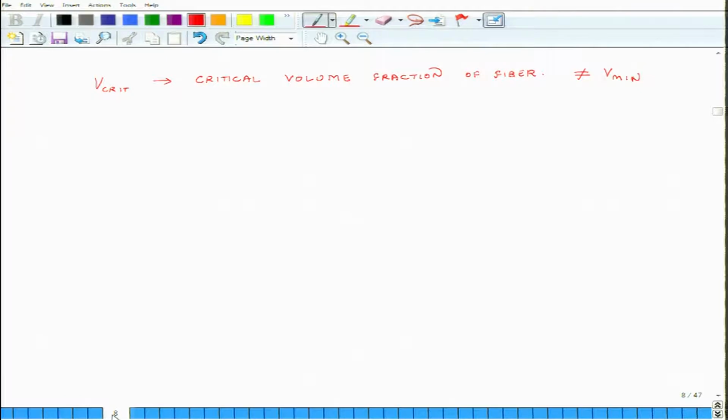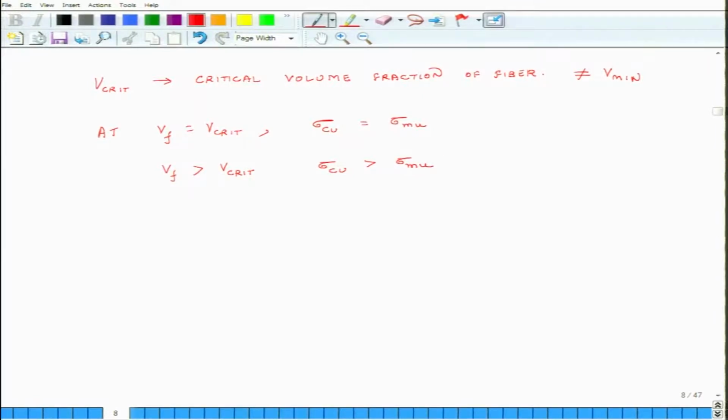So, at Vf equal to V crit, which is the critical volume fraction, the strength of the composite equals the strength of the matrix, and if Vf exceeds this critical volume fraction, then the composite strength is more than that of the matrix material.